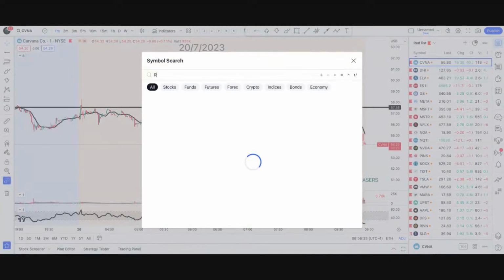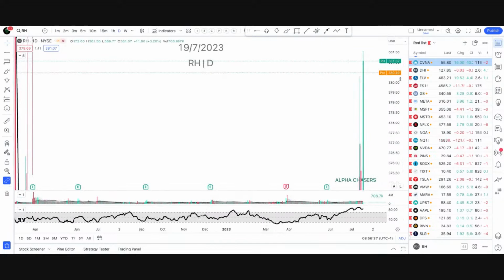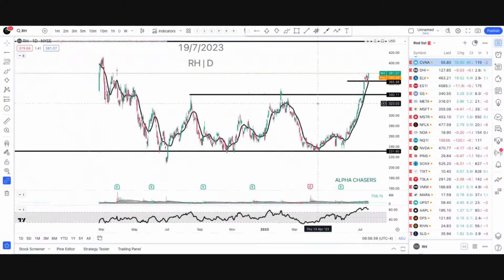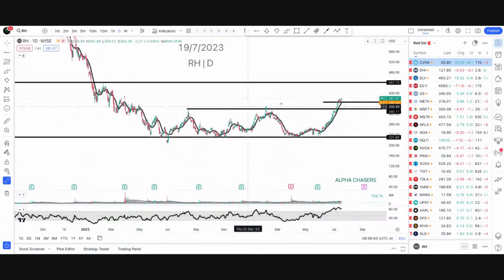So RH, to me, I don't think this gets any clearer. I mean, I really don't. Like, look, you can see the volume line increasing. I just don't know how this gets any better. I mean, as far as, hey, how are these stocks going to do? I think they're going to do exceptionally well, personally.